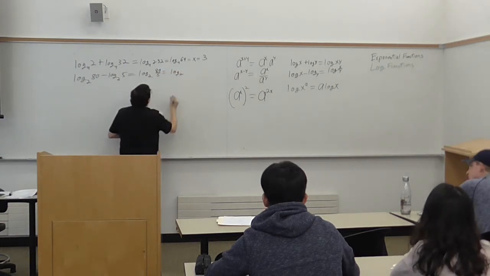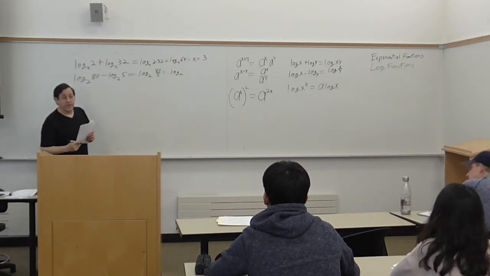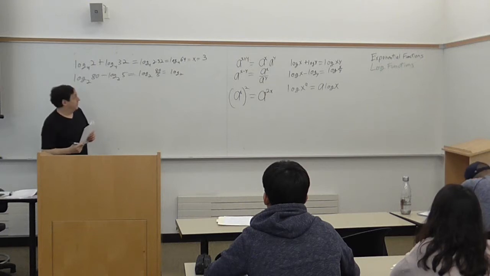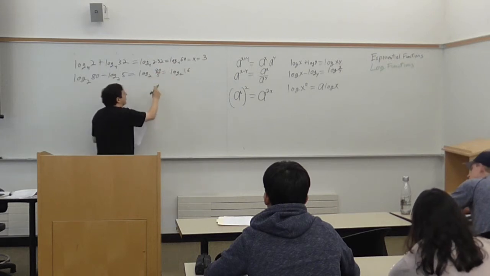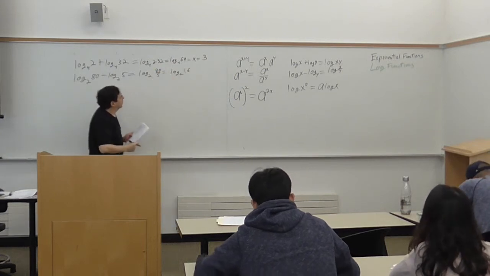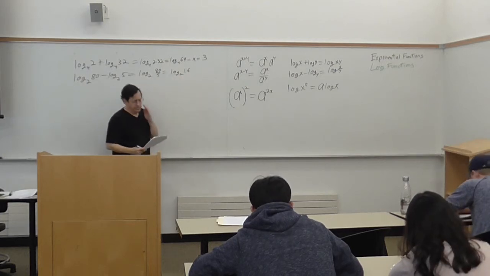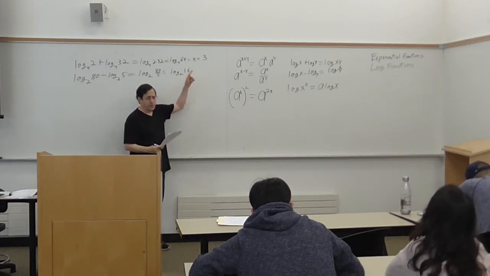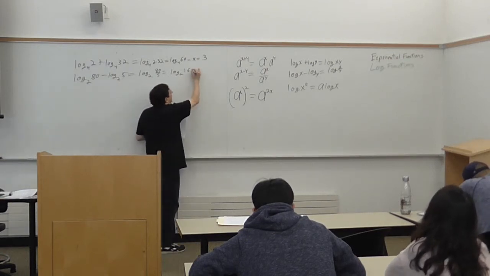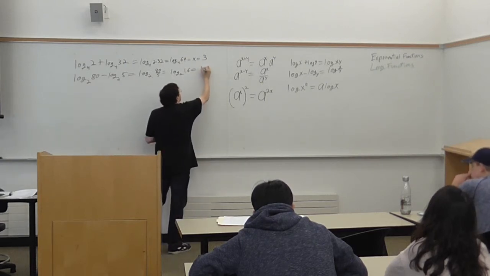What's 80 divided by 5? 16. Everybody, you can do this in your head. 16, right? Okay, so now what's the log to the base 2 of 16? So 2 to what is equal to 16? 4. Good.